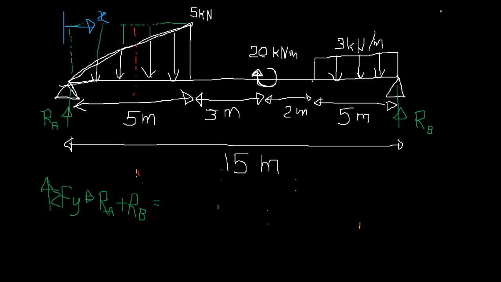So how are we going to take the load? 5 into 5, right? Now you have only half of that, so you just need to divide by 2. So your total load in the vertical direction is going to be 12.5, right?